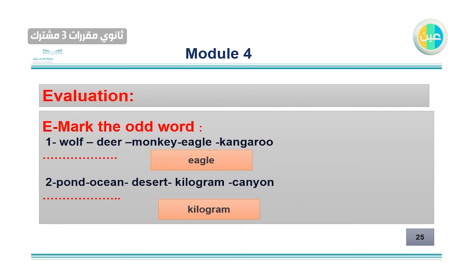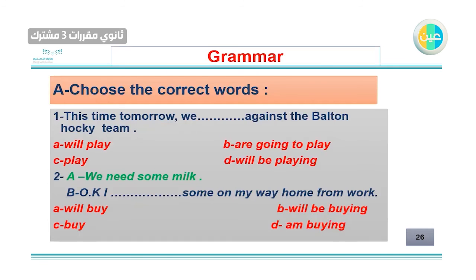For grammar, this time tomorrow. Here I have a specific time. This time tomorrow. So which one? Will be playing. Yes, future progressive. We need some milk. Okay, I will buy. Yes, spontaneous decision.